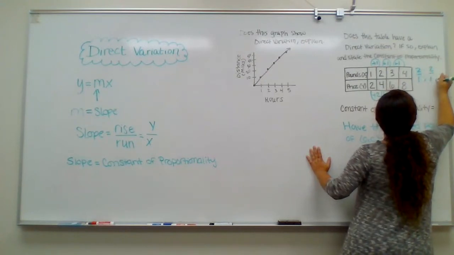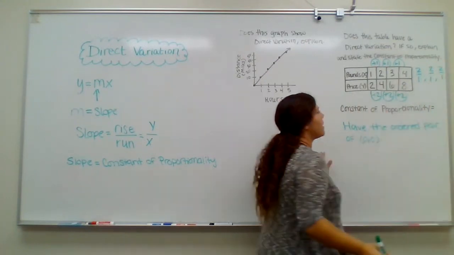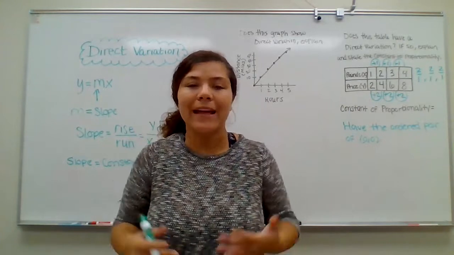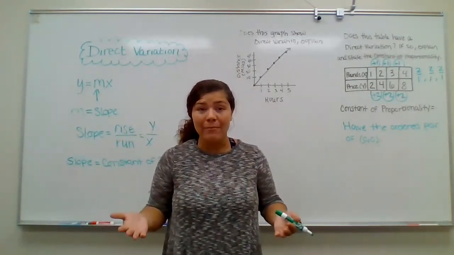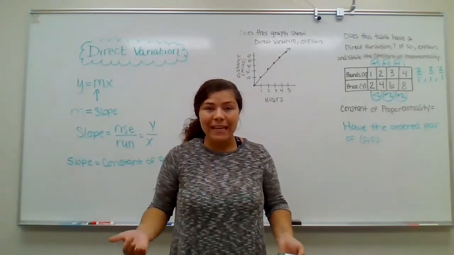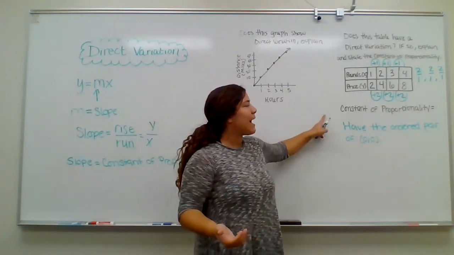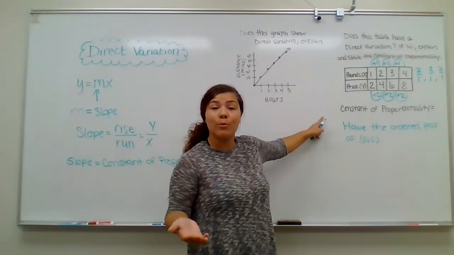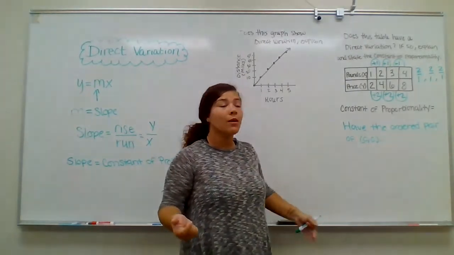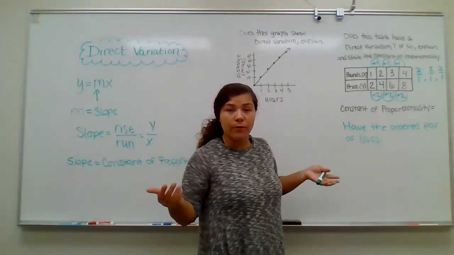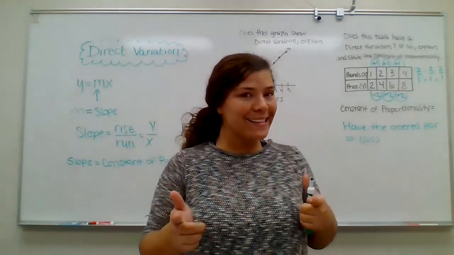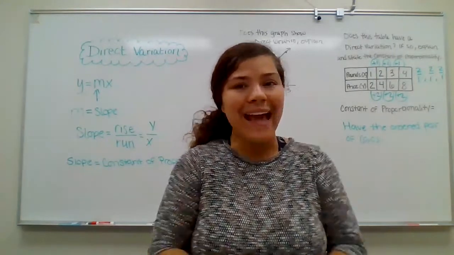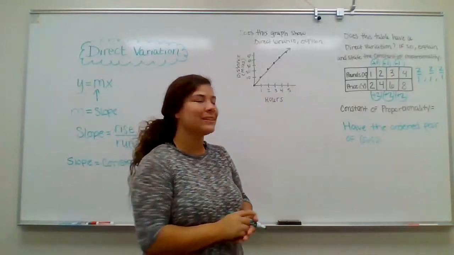So guys, like we've been dealing with, if the ratios are the same each time, that means it has a constant of proportionality of 2 over 1. So the constant of proportionality is, yeah, guys, it's 2.